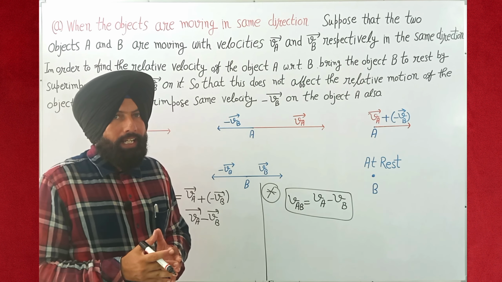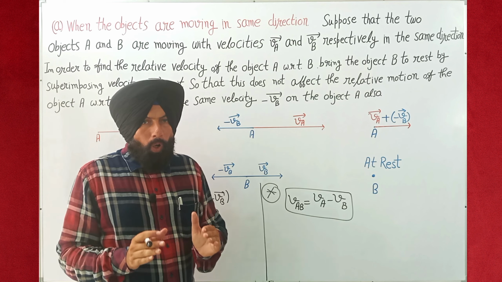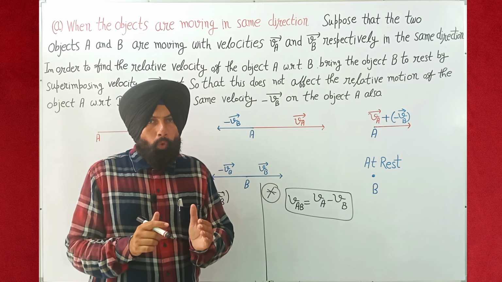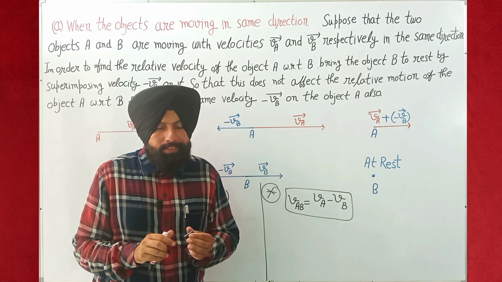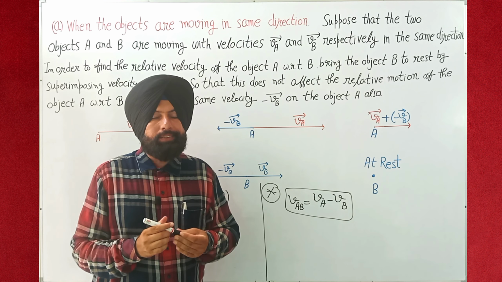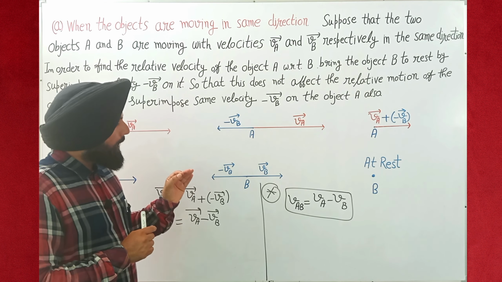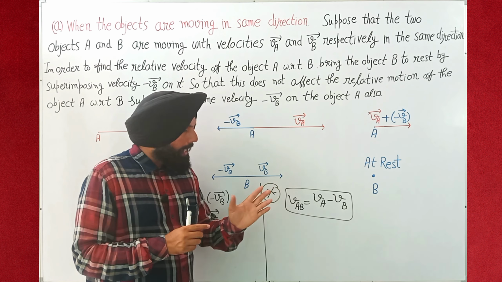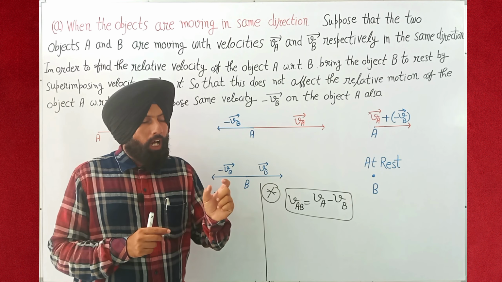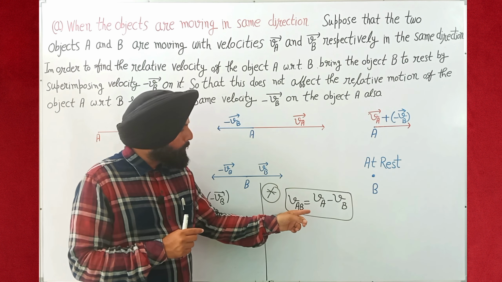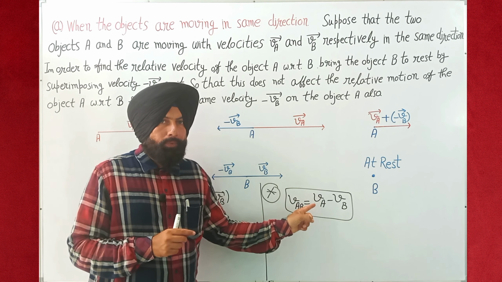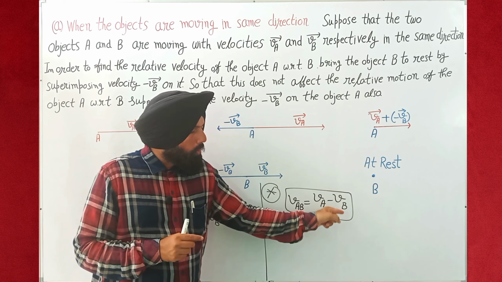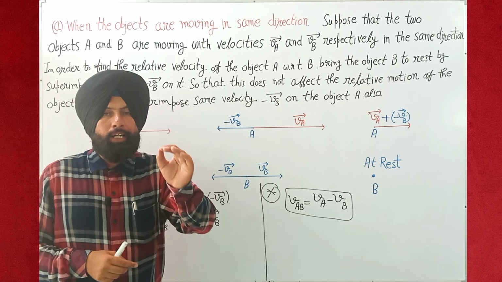Hence, when both objects move in the same direction, the relative velocity of the object A with respect to the object B equals the velocity of the object A minus the velocity of the object B.